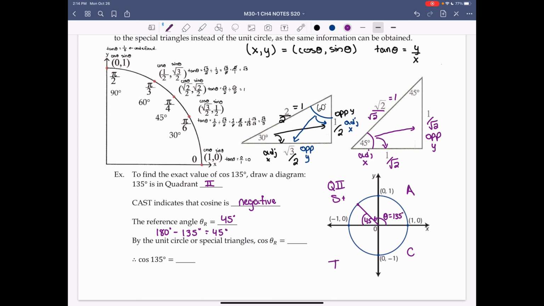So cos of theta r, so cos of 45 degrees, is root 2 over 2. And then therefore cos of 135 degrees, it's root 2 over 2, but it's in quadrant 2, which means it's negative, so negative root 2 over 2.